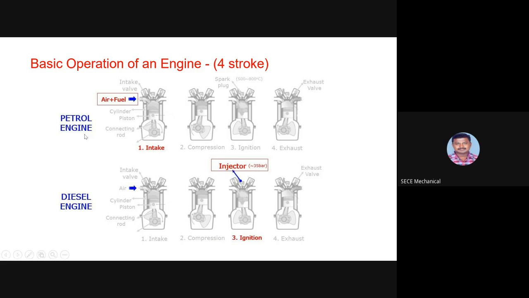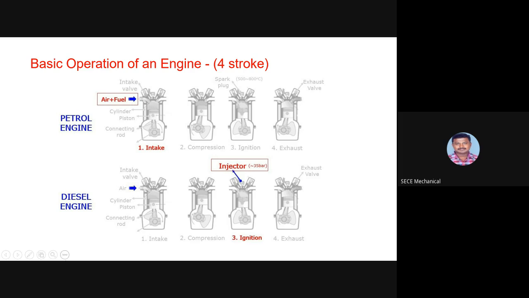In a petrol engine, during the suction stroke, the inlet valve will be open and the exhaust valve will be closed. When the piston travels from top dead center to bottom dead center, a vacuum is created inside the cylinder and the air-fuel mixture enters the cylinder.